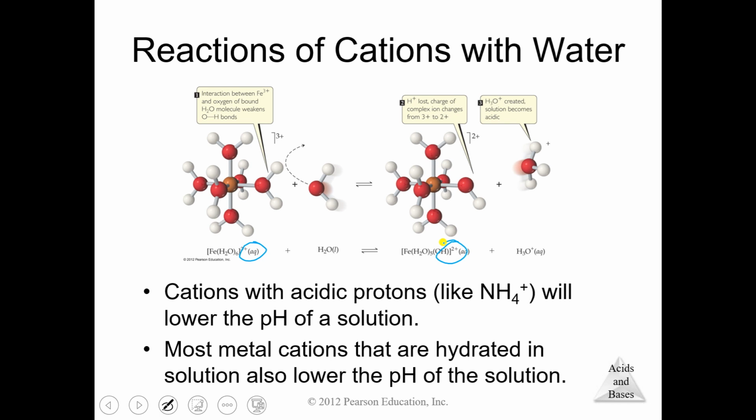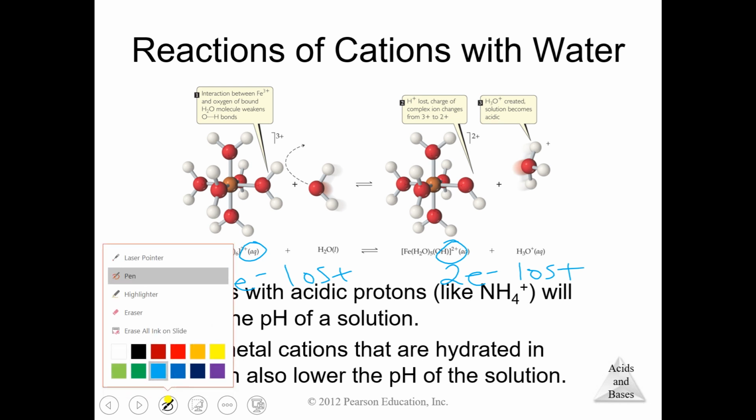Well, +3 means 3 electrons lost, and +2 means 2 electrons lost. That must mean that somewhere between the reactant and the product, in that forward reaction, a hydrogen is gained.